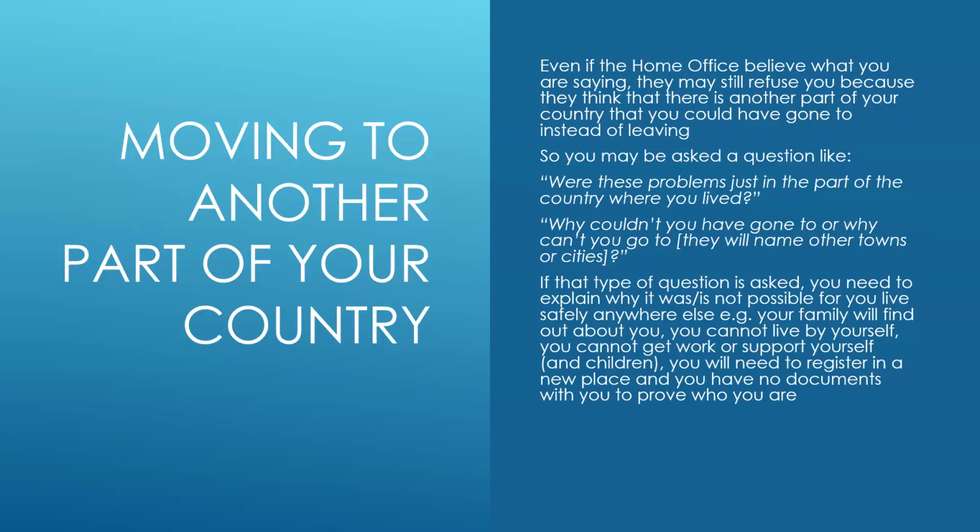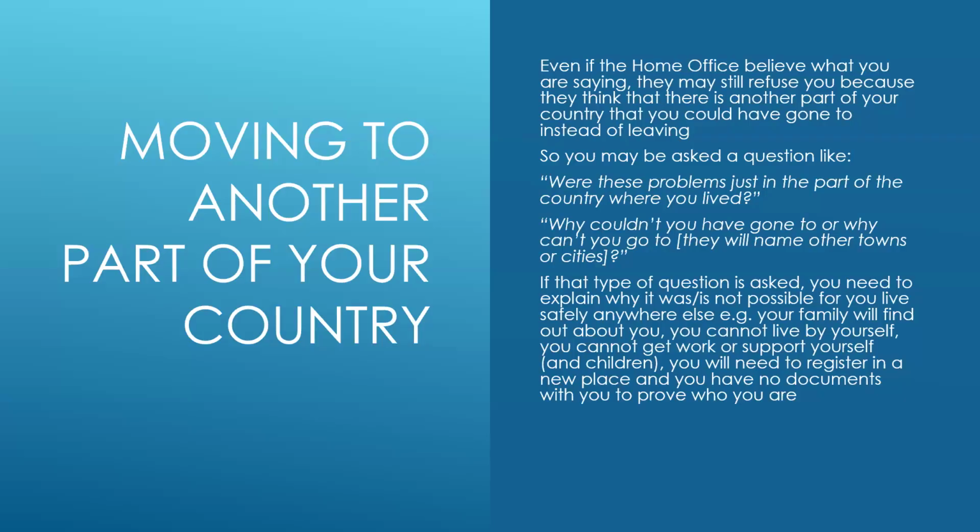So you may be asked a question like, were these problems just in the part of the country where you lived? Or why couldn't you have gone to, or why can't you go to, and they'll name specific areas, usually bigger cities that are far away. They'll do a bit of geography and say, I can see that Mumbai is nowhere near Nairobi, so you could have gone to a different city and they wouldn't know you were there.